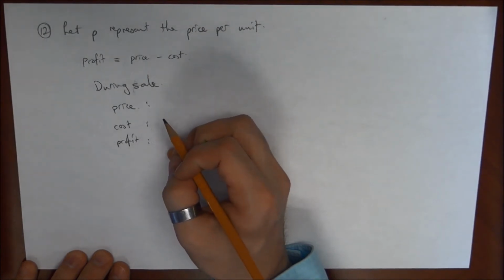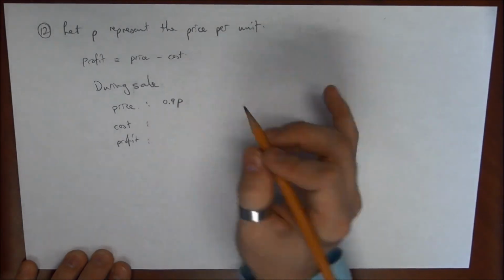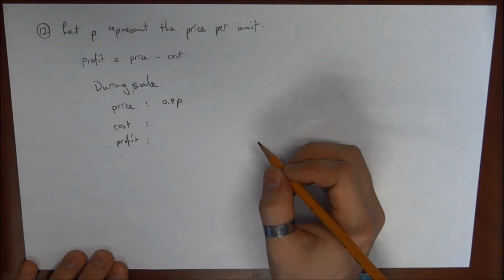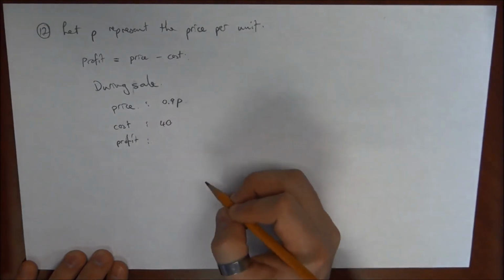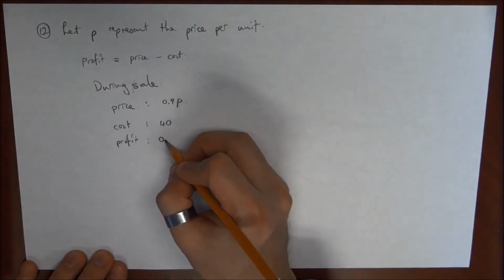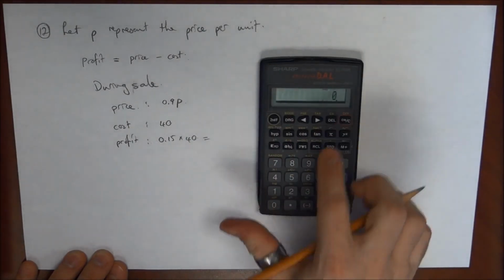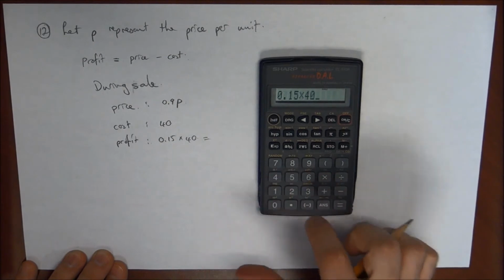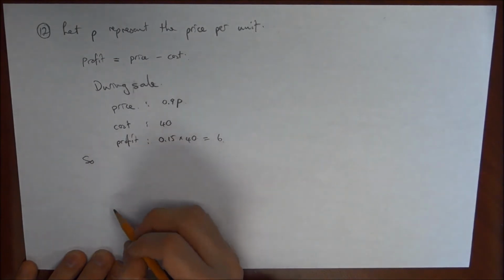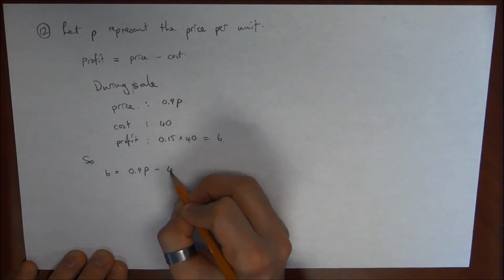Price is reduced by 10%, so it's 0.9 of the original price, reduction of 10%. My cost is still 40, and I want a profit of 15% on the cost. So 0.15 times 40, which equals 6. Now I can go to my equation and say, well, 6 has to equal 0.9p minus 40.